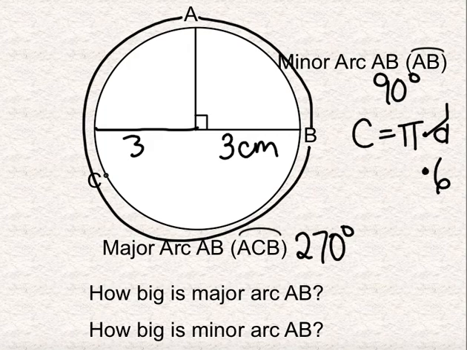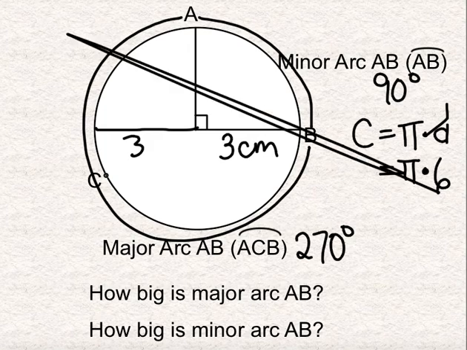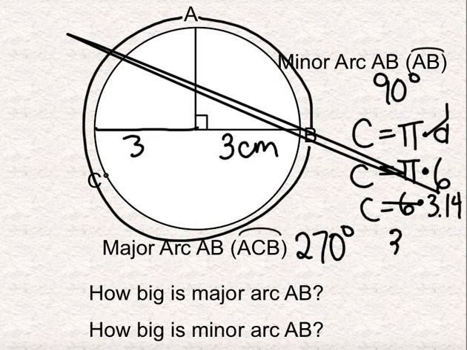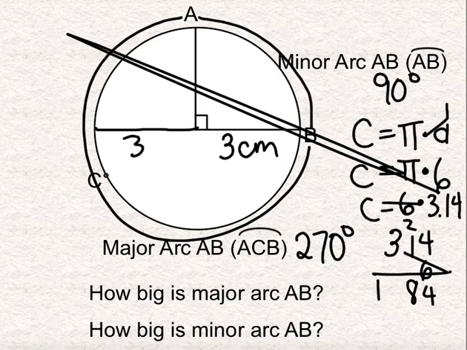So we can multiply it by pi, and our circumference is 6 times 3.14. We can multiply that out, and we see that the entire circumference is 18.84.